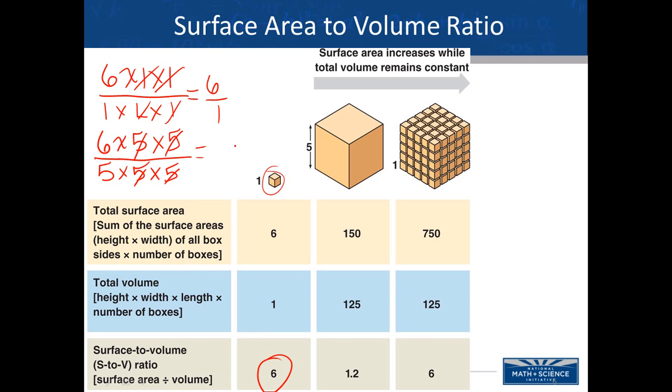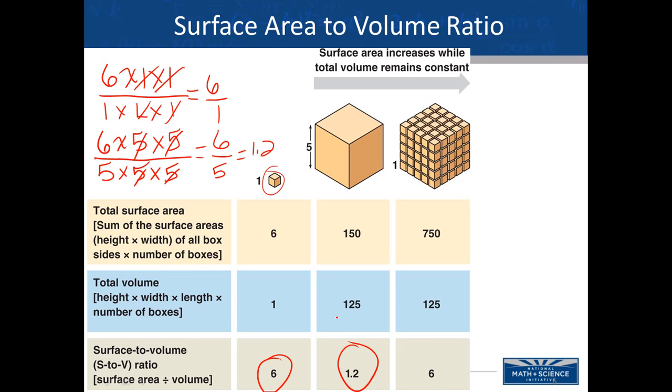So now the surface area to volume ratio is 6 to 5, or 1 to 2. And so as the volume increased, the surface area did not increase at the same rate. It was much slower.